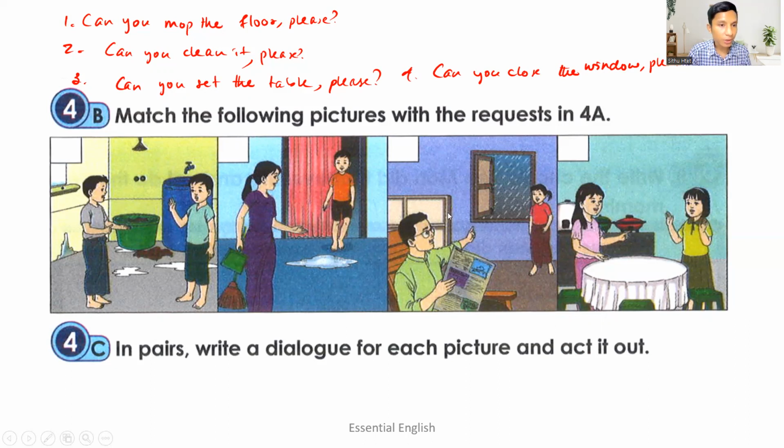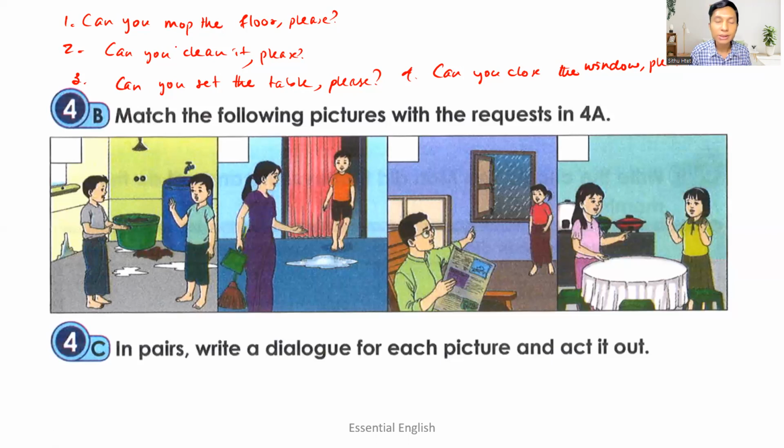So let's look at the first picture. So you may know that it's in the bathroom, and you can find some water on the floor, and you will find that it's dirty. So please make a request. What do you have to say? Can you clean it, please? I think he's the father and he's the son, or maybe he's the brother.